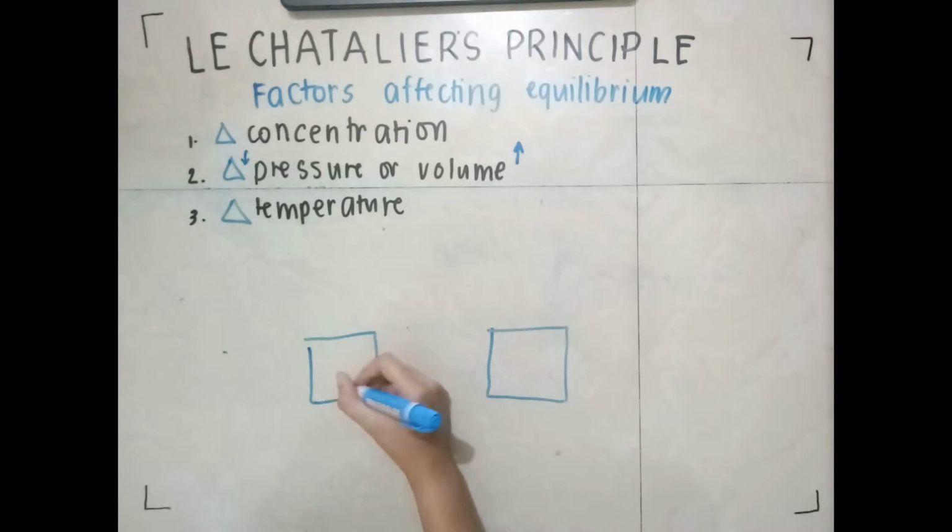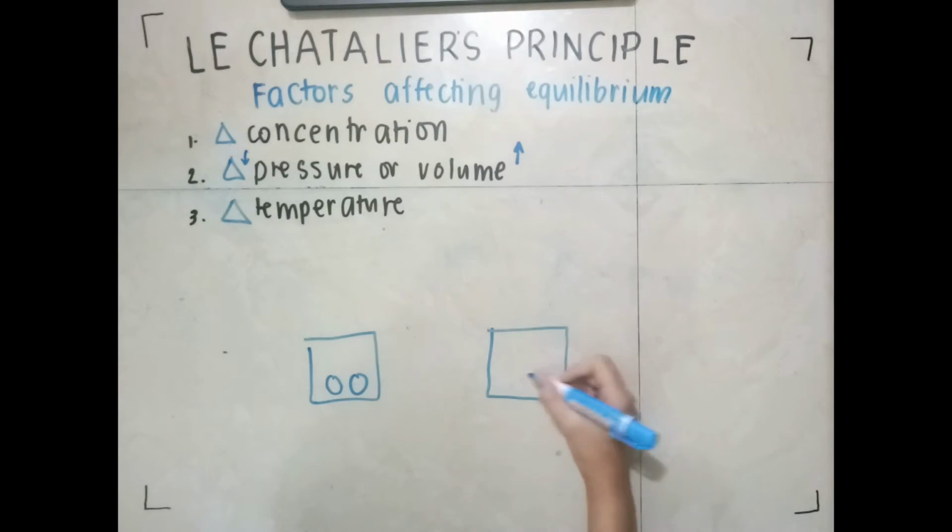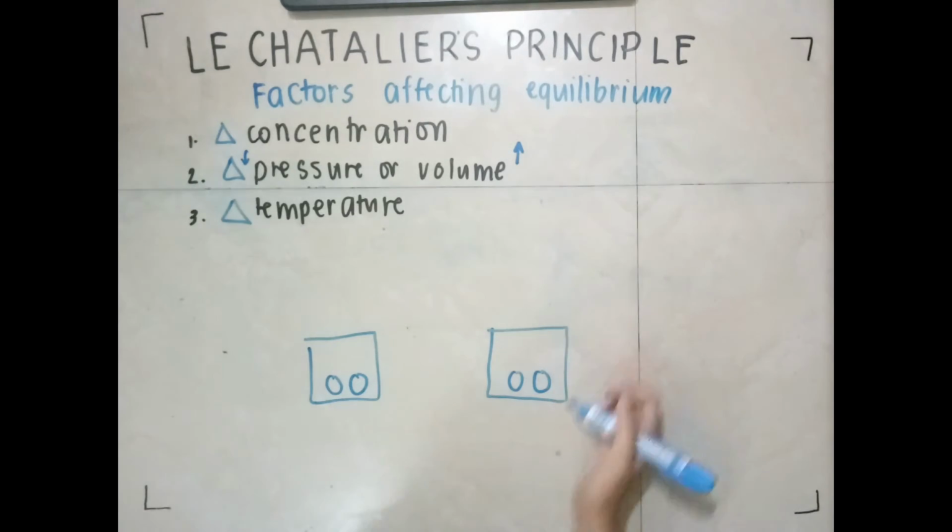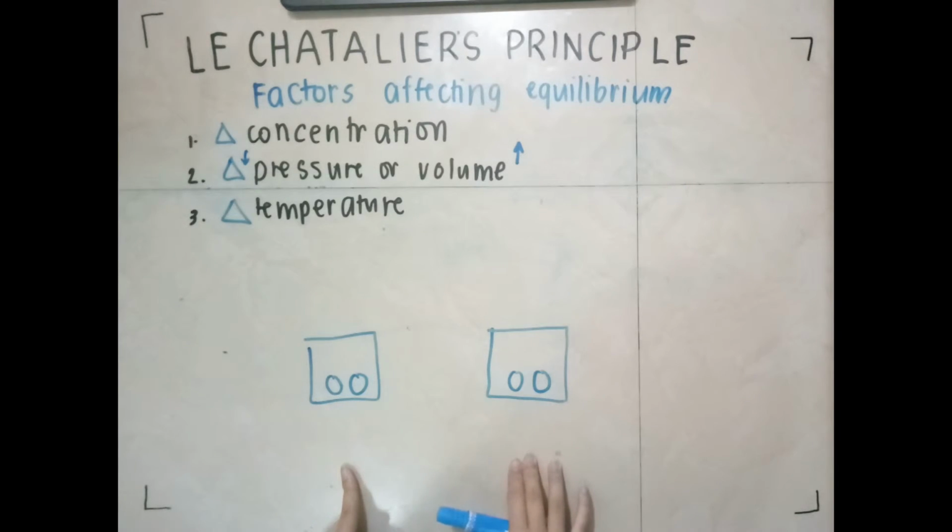Now, you have two boxes, each with the same space and the same number of balls, meaning they have the same concentration, since the ratio of balls to space occupied is the same.